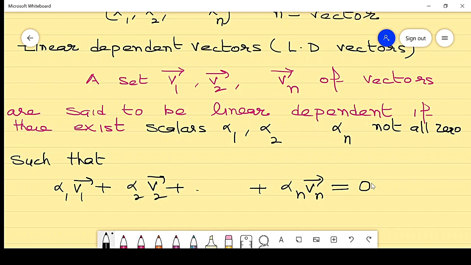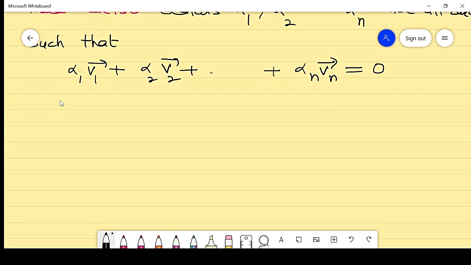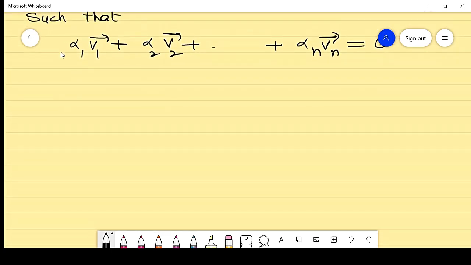So if this linear combination is equal to the 0 vector, in that case these vectors are called linear dependent vectors. If it is not linear dependent, in that case it is called linear independent vector.